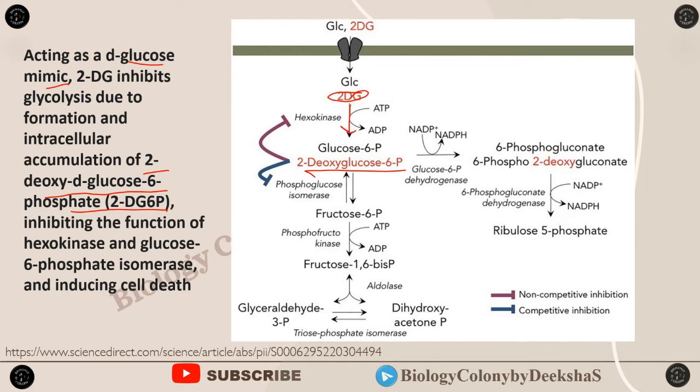So this accumulates in the cells and inhibits hexokinase and phosphoglucose isomerase, or glucose 6-phosphate isomerase, and induces cell death. Thus it is used in cancer as well as COVID therapy.